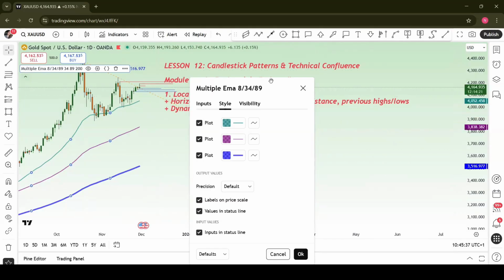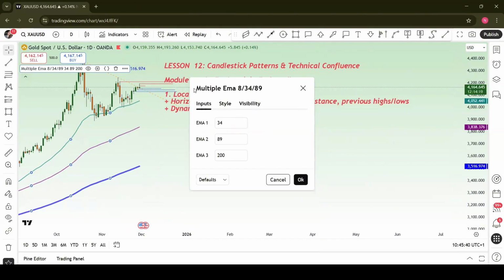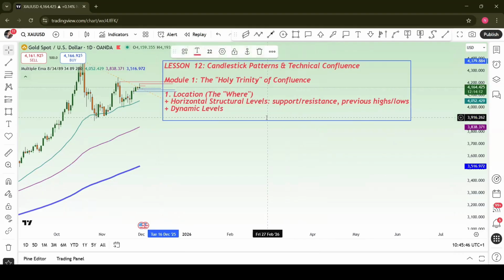Some traders use the SMA, simple moving average, but the EMA is more sensitive to the market price movement, and that's why I use EMA instead of SMA.